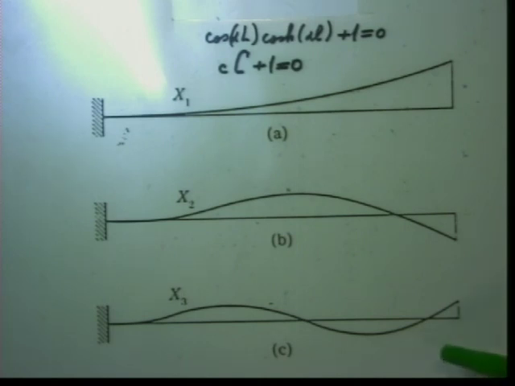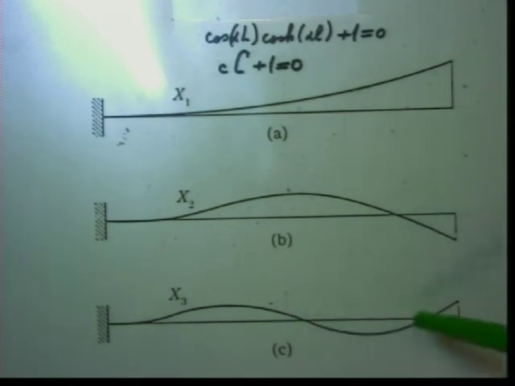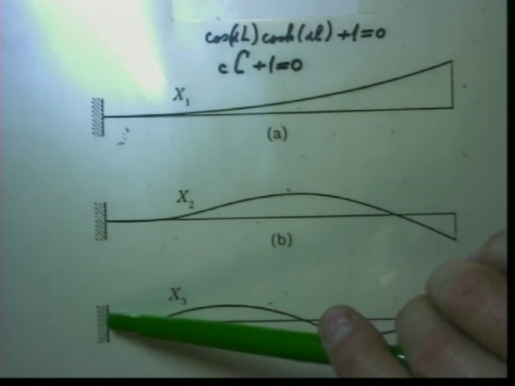Again, that is a second mode. Again, third mode has two inner nodes. You may want to write down here inner node, and that is a boundary node.